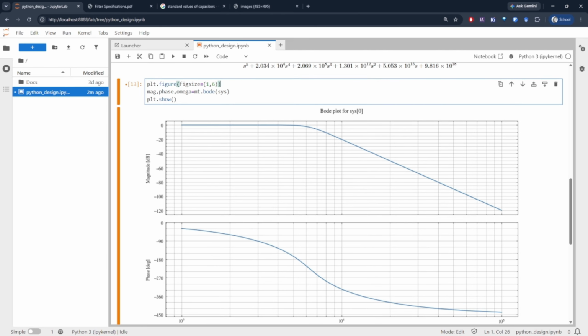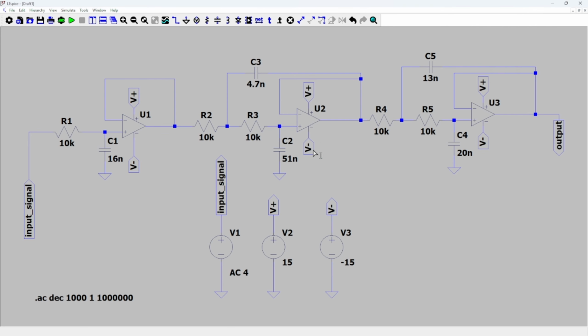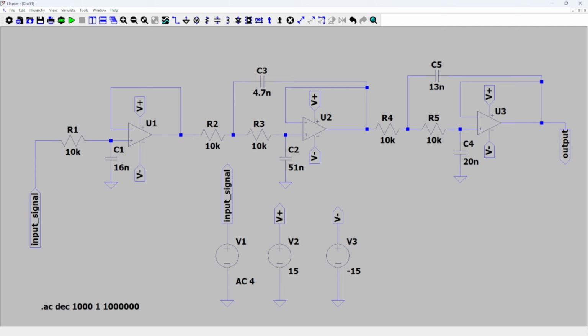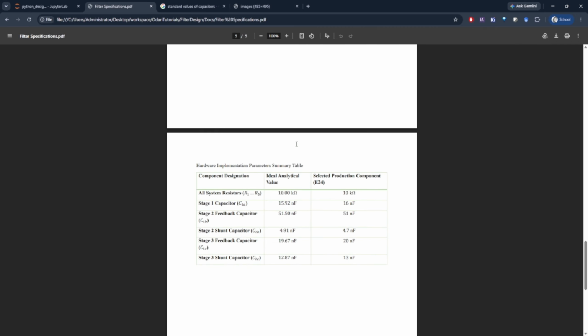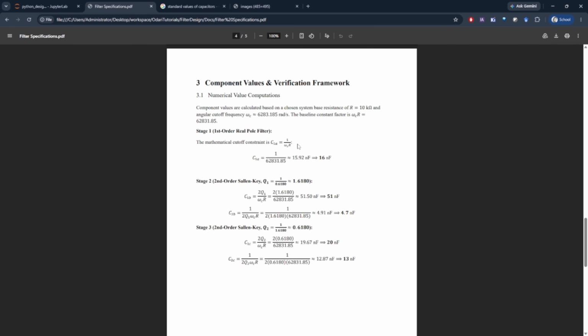So from that, now let's go to LTspice. This is the circuit I've built. You find that this is the first stage here. We have only a capacitor and a resistor, and it's a low pass.